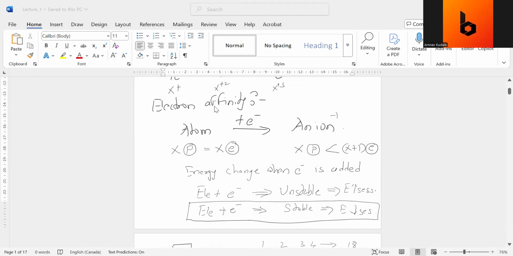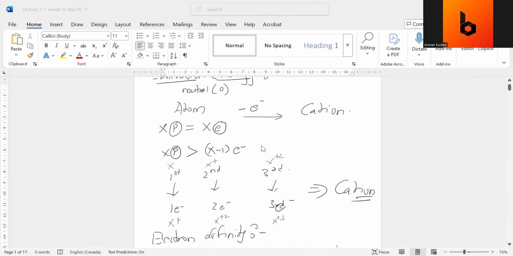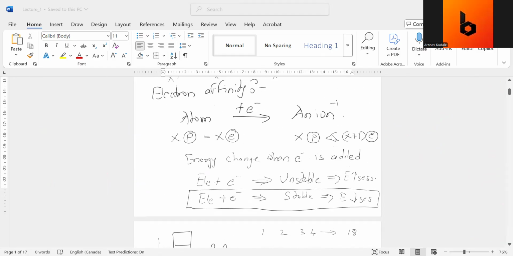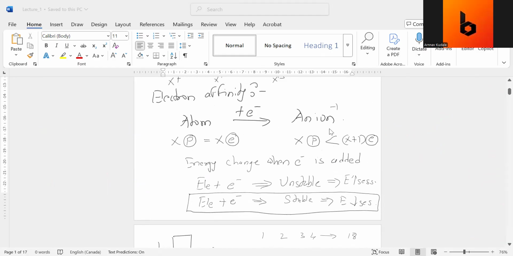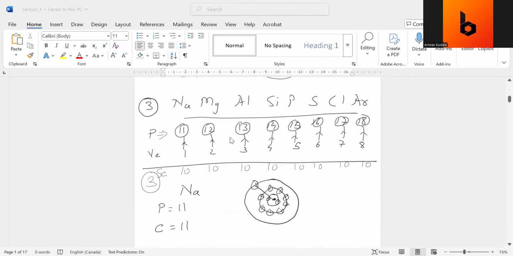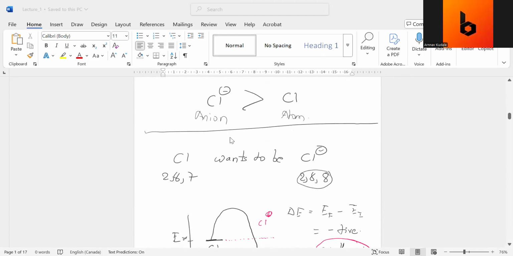Electron affinity means forcefully adding an electron. You are converting an atom to a cation in ionization energy. You are converting an atom to an anion in electron affinity. Correct? Any doubt? No. Good.